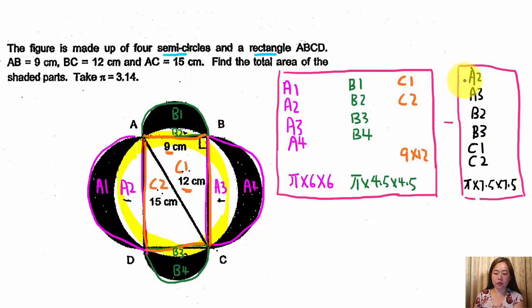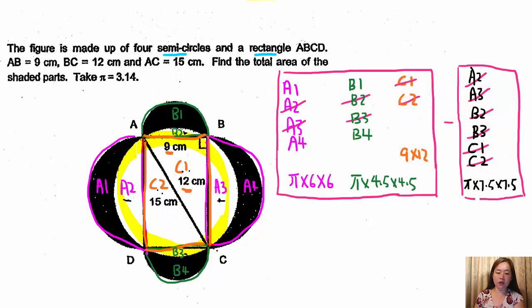Since this is going to minus this, A2 will be removed, A3 will be removed, B2 will be removed, B3 will be removed, C1 will be removed, and C2 will be removed.